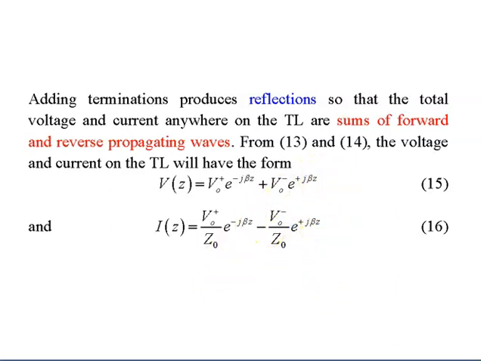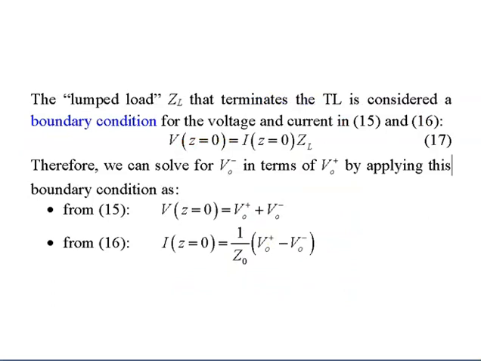Now, the lumped load ZL that terminates the transmission line is considered a boundary condition. This gives V(z=0) equal to I(z=0) times ZL.